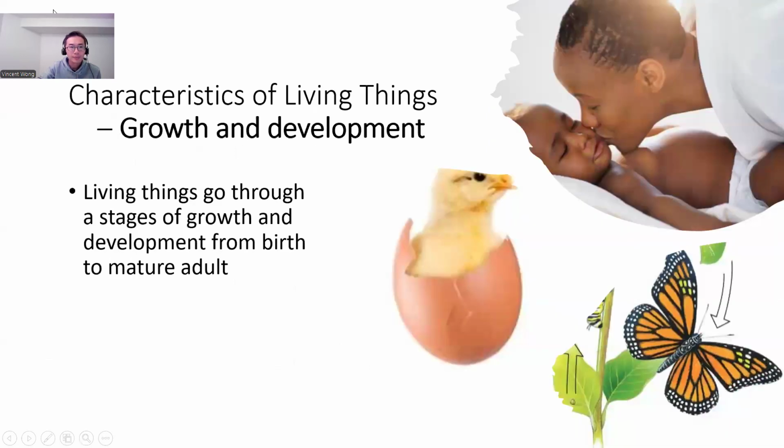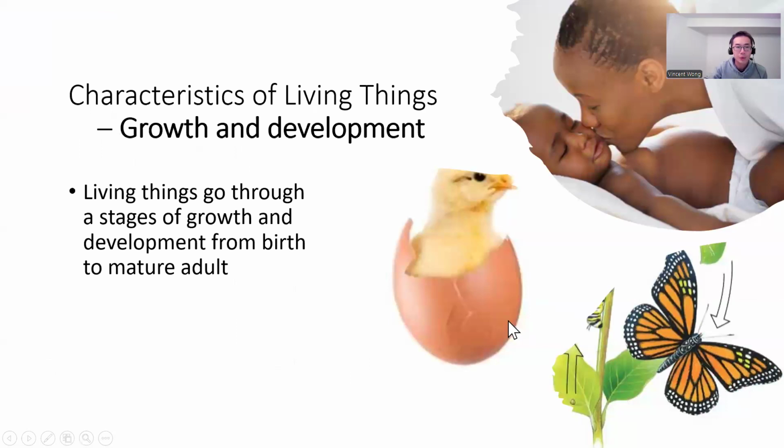Moving on. Next characteristic of living things is the ability to grow and to develop. Living things go through different stages of growth and development. You and I look very different now than when we were first born. Not only are we bigger now, but there are things that we have now that we didn't have when we were born.